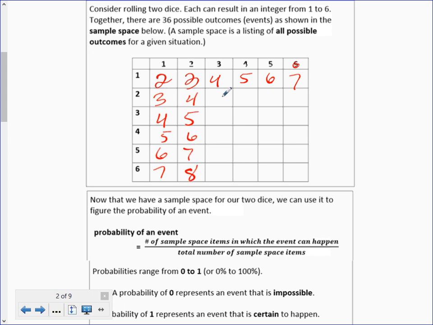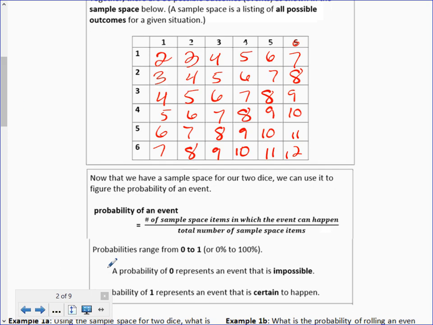Just fill this out along with me on your chart. 5 and 4 gives me 9. This is a chart of the sum of every possible combination when you roll 2 dice.